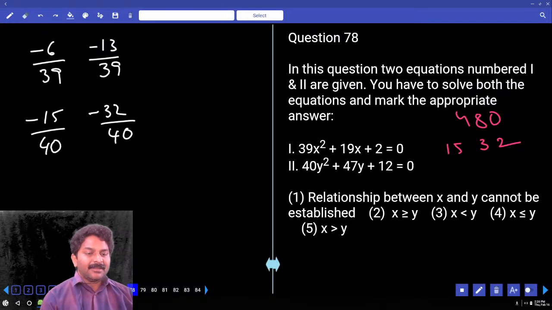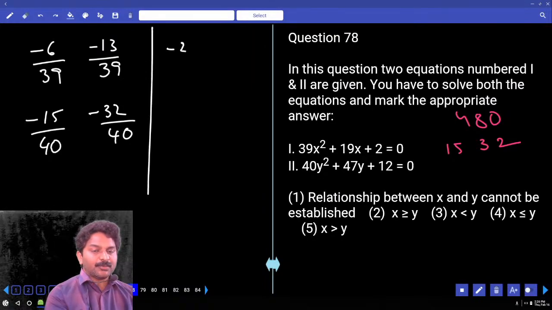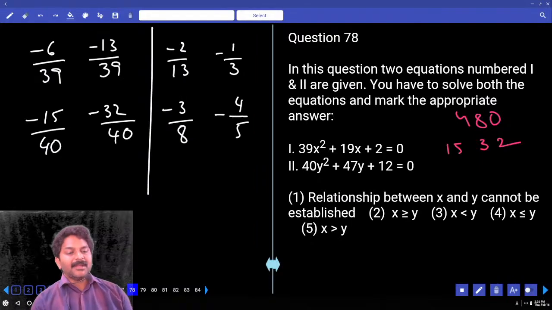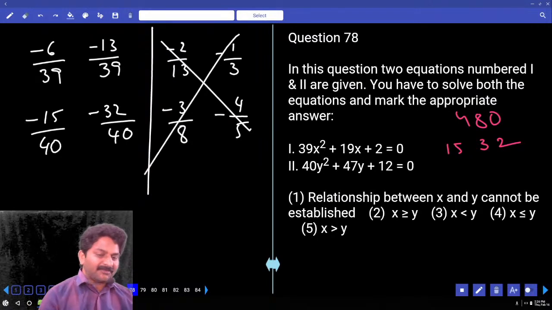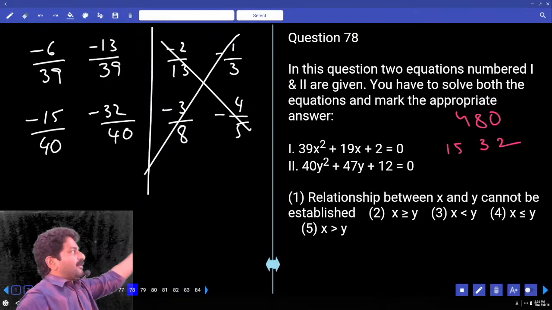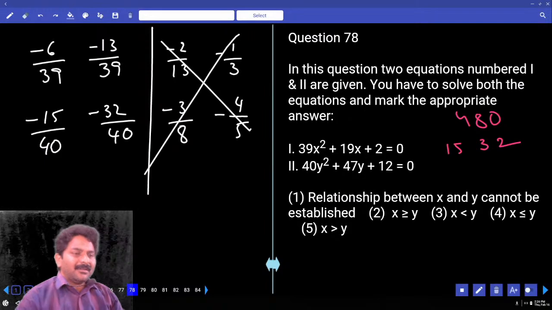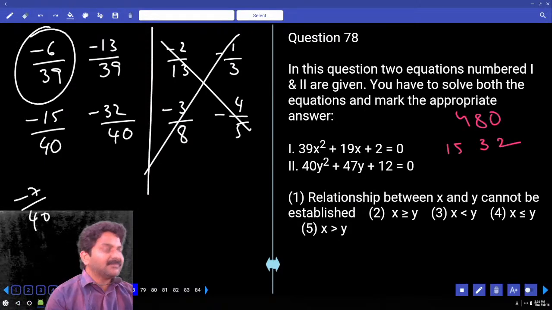Yes. So now if you compare them, minus 2 by 13, minus 1 by 3, minus 3 by 8, minus 4 by 5. Otherwise, they are almost same. Forget about this conversion. Denominators, first two are 39, next two are 40. They are almost same, right? Otherwise, hardly you need to make this minus 7 by 40.